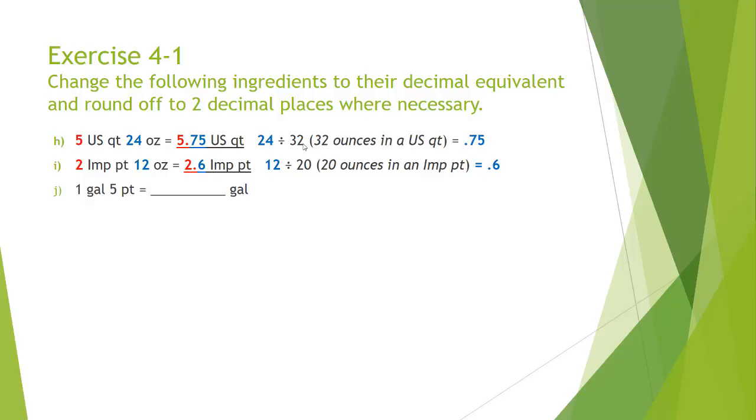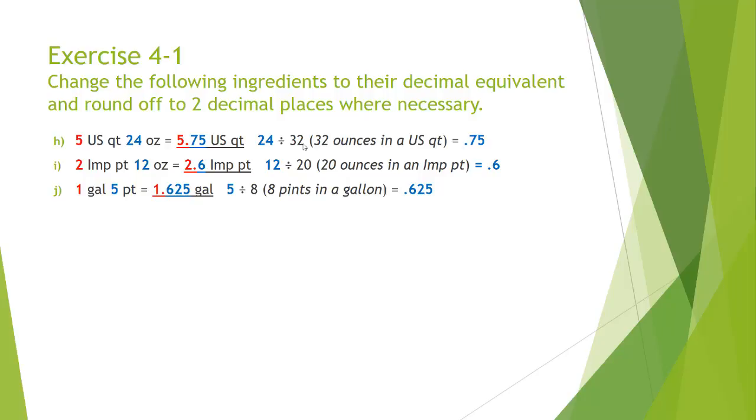1 gallon and 5 pints. Here's an example where it does not matter if it's a US or imperial gallon because we're not talking about ounces. We are just talking about gallons and pints, and they're the same in both US and imperial, so we only have to worry about how many pints are there in a gallon because the no-brainer part still exists. We'll have 1 whole gallon, then we'll take the 5 pints we have and divide it by 8 because there are 8 pints in a gallon, and that gives us decimal 625.